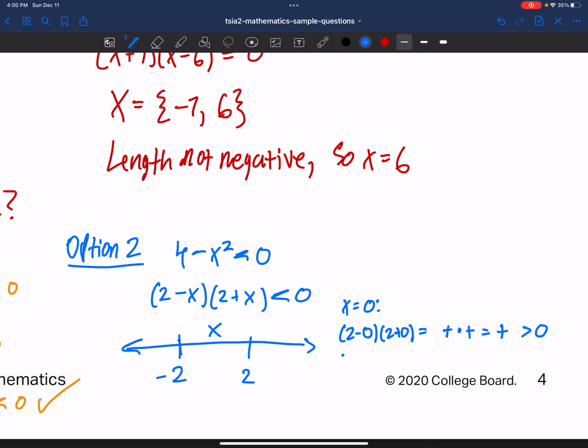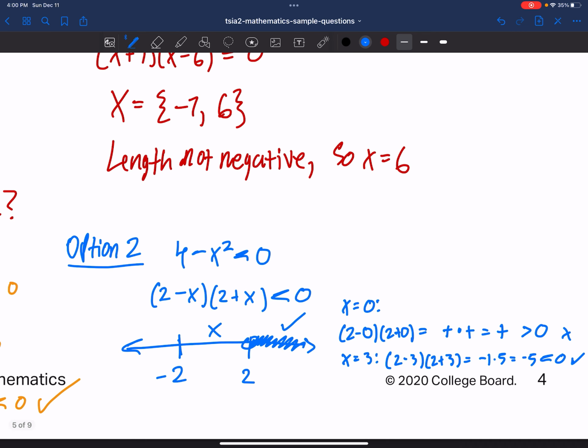And then you could test x equals 3. And so you'd say 2 minus 3 times 2 plus 3 would equal -1 times 5, which equals -5, which is less than 0. So that's check.